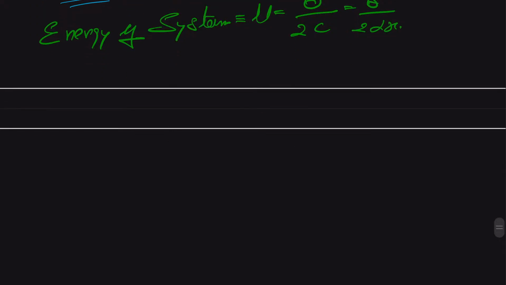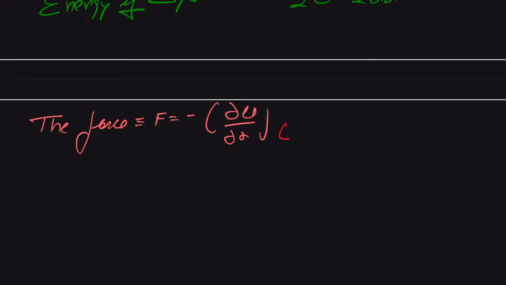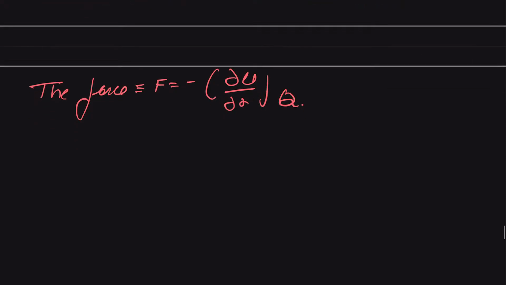So we can say that the force, which is F, will be equal to the negative partial derivative of U with respect to X for a constant charge Q. And this negative sign tells us that the force tends to decrease the energy. That's the only purpose of that.